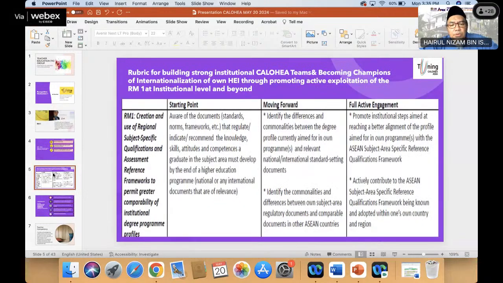I think this is quite similar to Prof. Tasya's presentation just now. We also come up with a rubric.